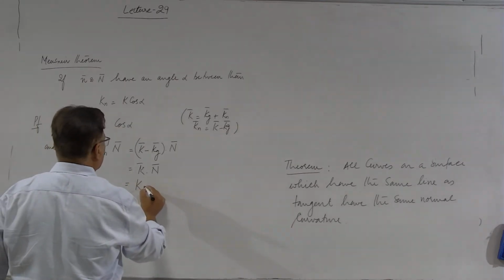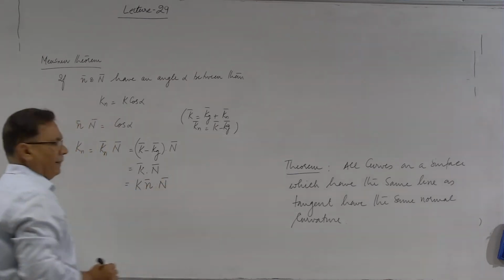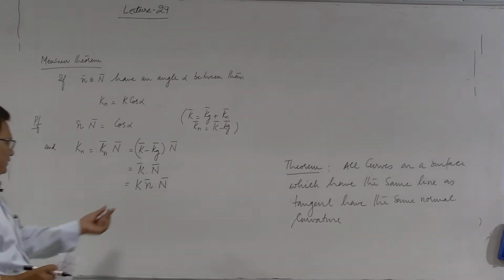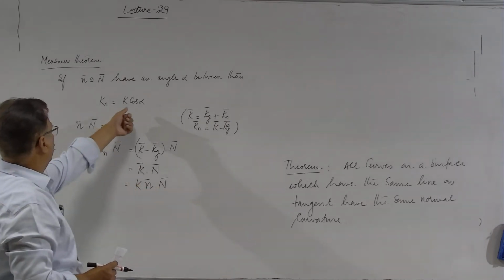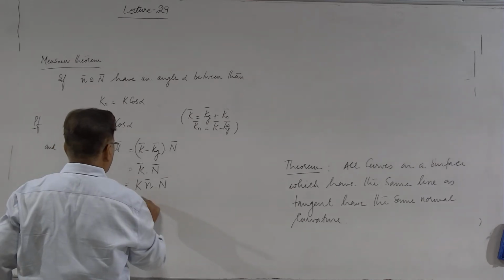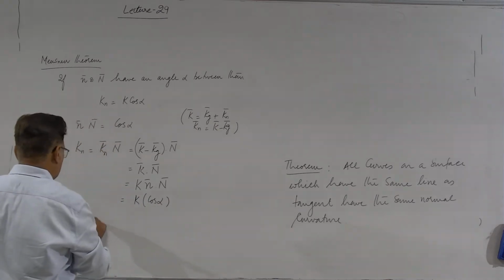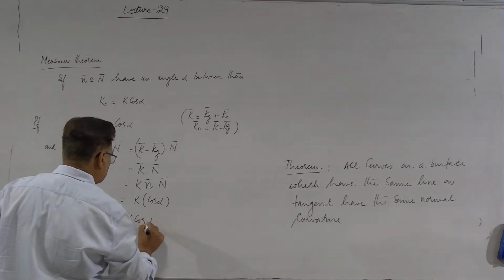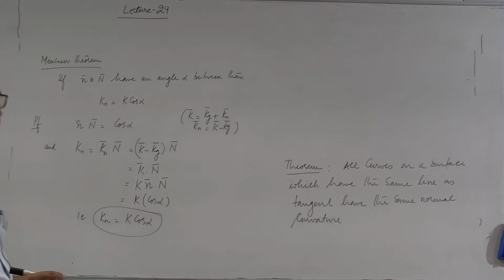So this is K times small n dot N, and n dot N is cos alpha. So Kn equals K cos alpha.